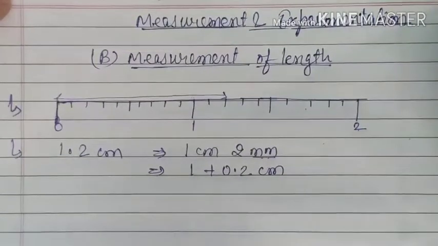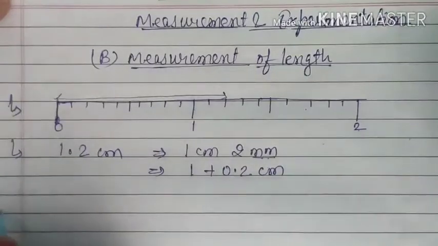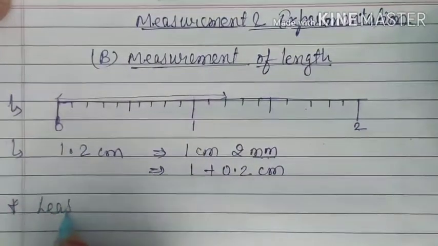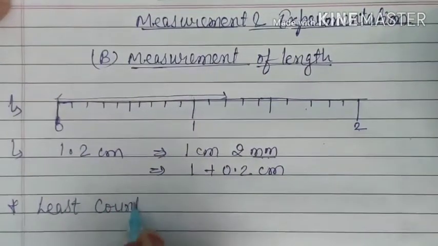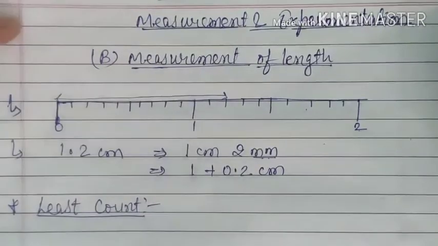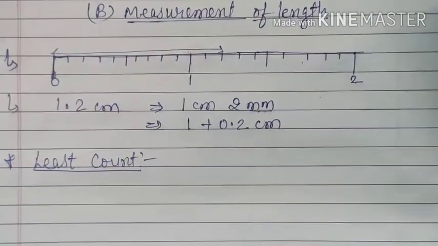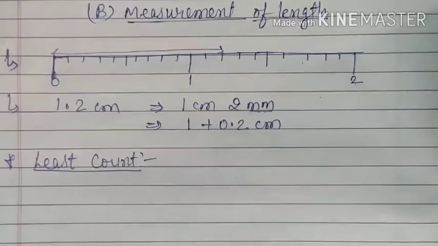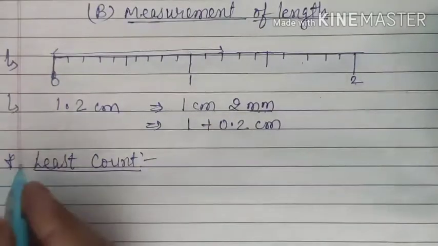But here the first thing is we have to see the definition of least count. Least count means the measurement which can be done by that instrument accurately, with 100% accuracy. That value is known as least count.